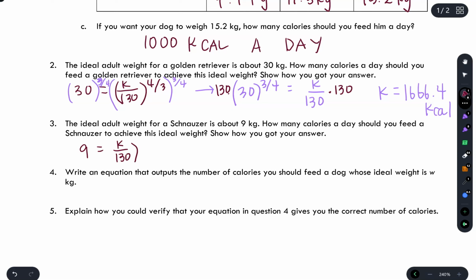I'm going to do the same thing, the inverse operations. I'm going to raise it to the 3/4 power to get rid of that, and then multiply by the 130.